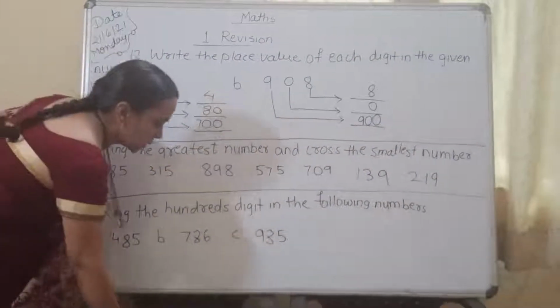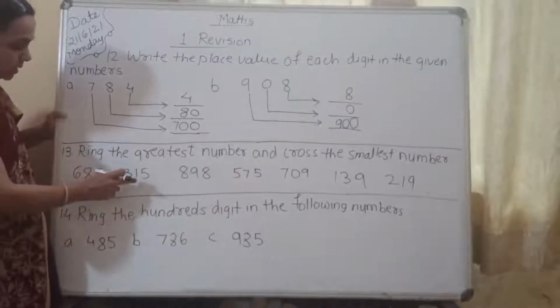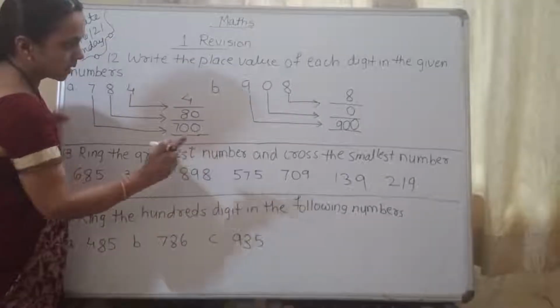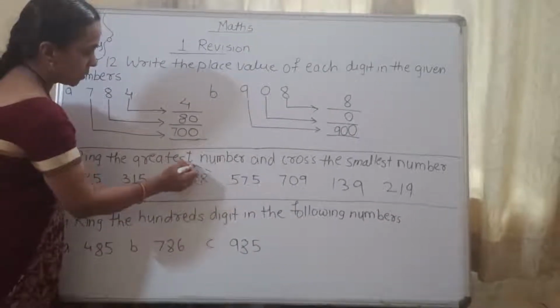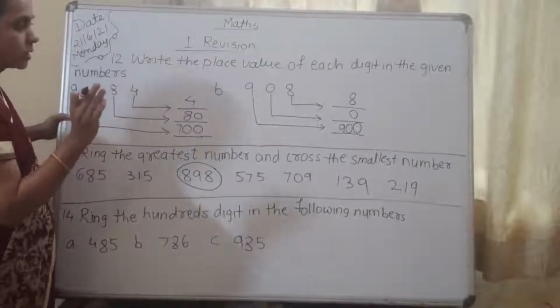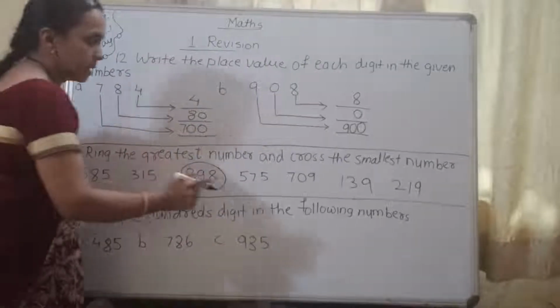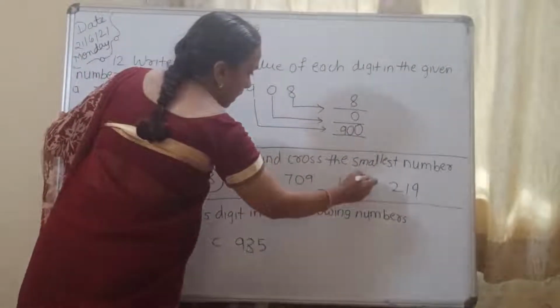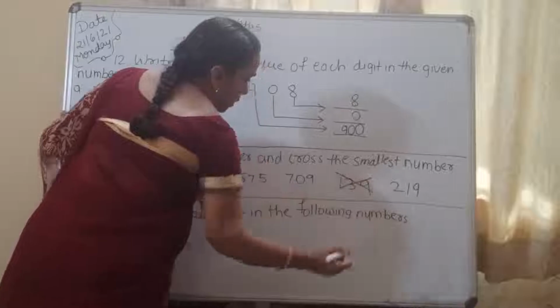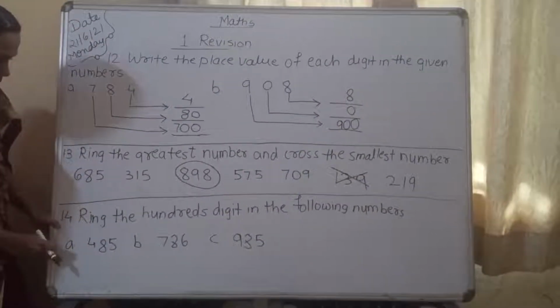Now see, ring the greatest number. So among these numbers, which number is the greatest number? That number we have to circle. And what is given? Cross the smallest number. So among these numbers, which number is smallest number? 139. So just do one cross there. Okay, very simple.